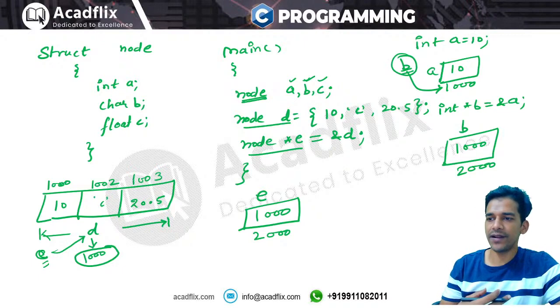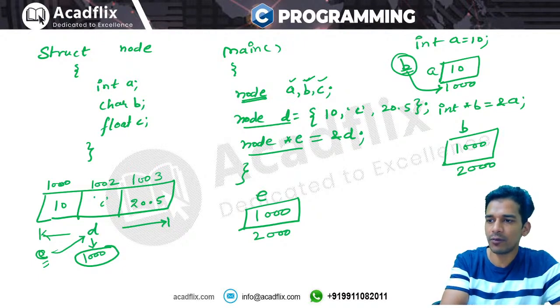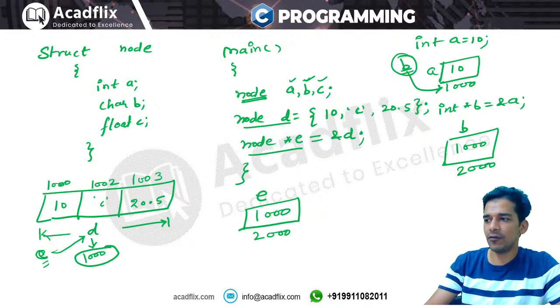If you create any user defined data type, you can declare it as a pointer type and as a normal variable, right? So if you want to access any value, let us say from this e, right? Because e is pointing to d, I can access the members of the node d using e and also using d.